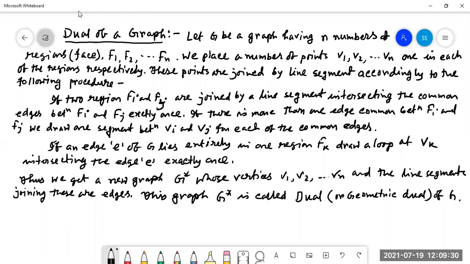exactly once. If there is more than one edge common between Fi and Fj, we draw one segment between Vi and Vj for each of the common edges.